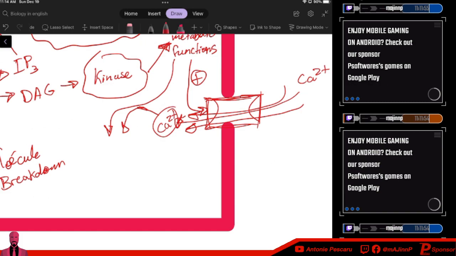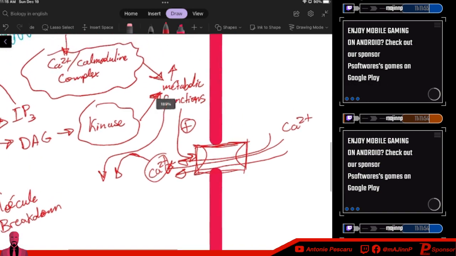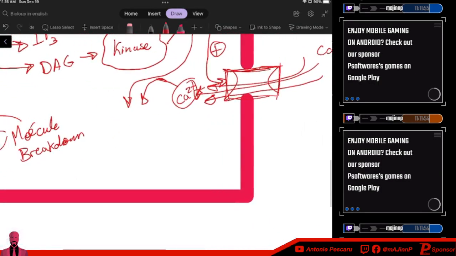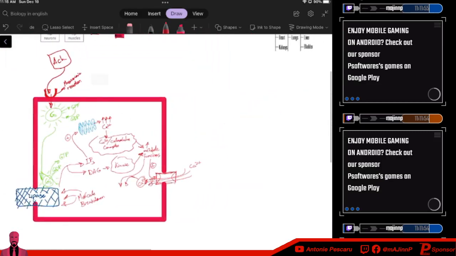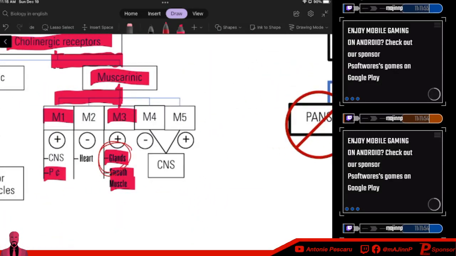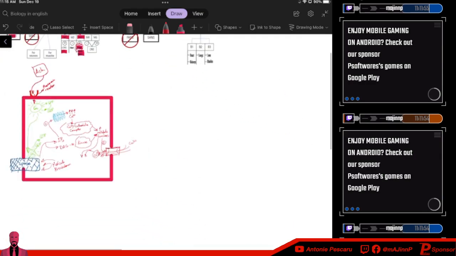And when you have calcium that gets inside of the cell, or because of the metabolic function, what happens is, the first part we saw from the M3 receptor: first of all, there's the glands over here.